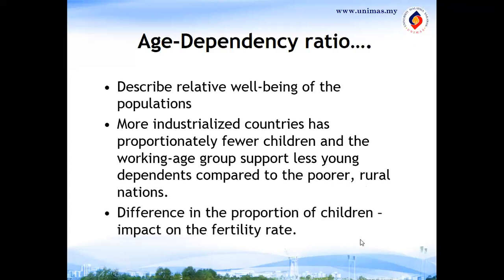So the difference in the proportion of children adalah impact on the fertility rate tadi. Yeah. In other words, the fertility rate actually is the one that influences the size of the proportion of children who are age 15 and below.